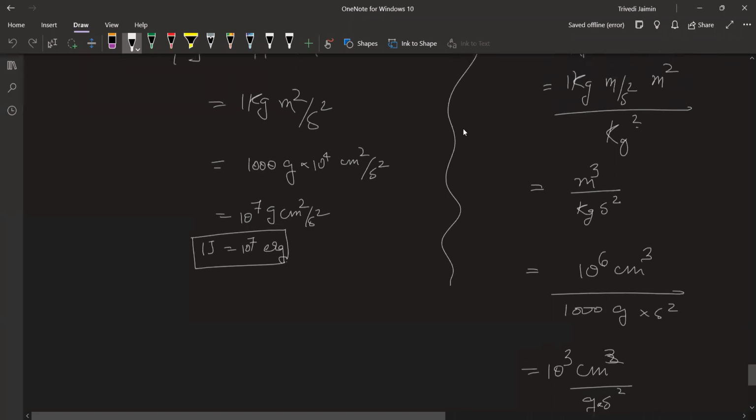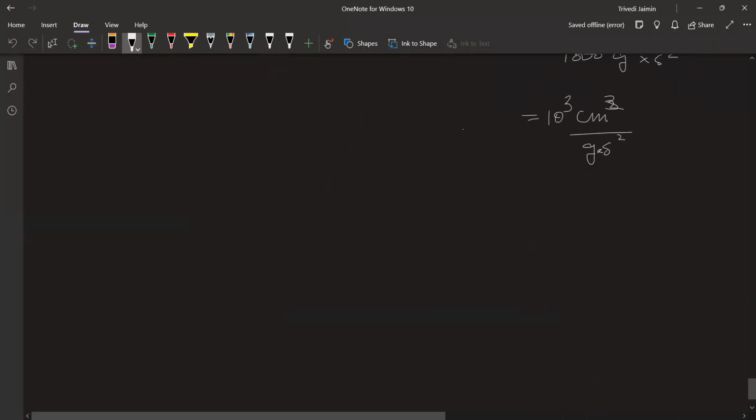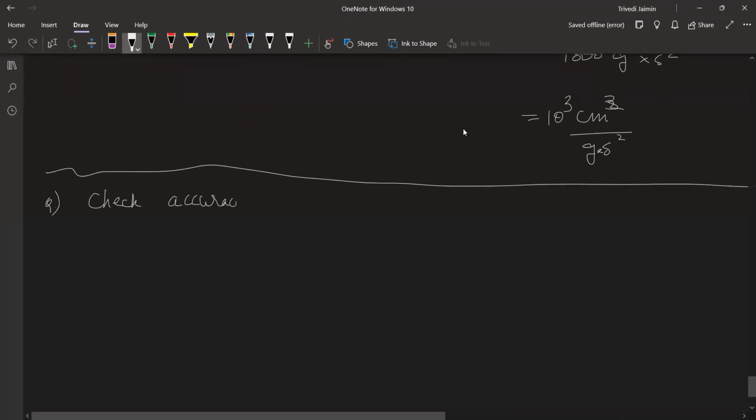Now here, the first question we are going to do is to check the correctness of a formula. Question number one. No, let's do some others. Okay, let's try, no problem. Check the accuracy or correctness of a formula.